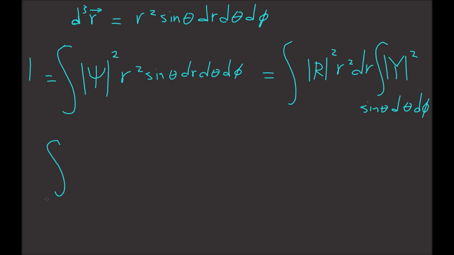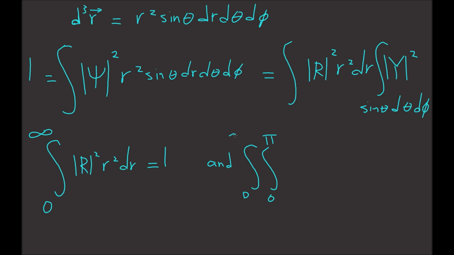So we're going to integrate r from 0 to infinity, of course, R star R times r squared times dr. This equals 1. And the angular part is going to have 2 integrals, right? The first integral is going to be from 0 to pi, and the second integral is going to be from 0 to 2 pi. The first integral is the theta integral.